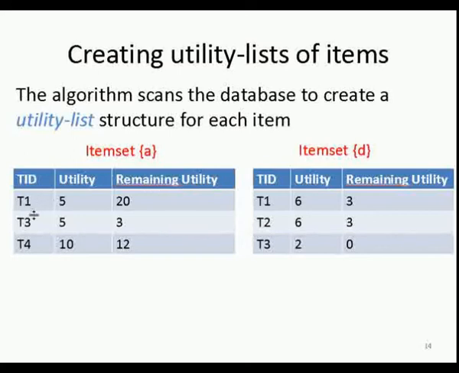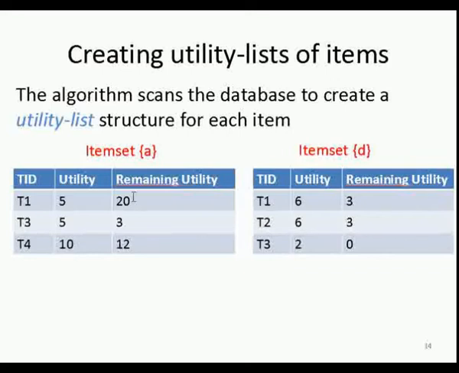The TID means the transactions where the item set A appears. So A appears in T1, T3, and T4 in our example. In T1, A has utility of 5. In T3, A has utility of 5, and in T4 it has utility of 10.